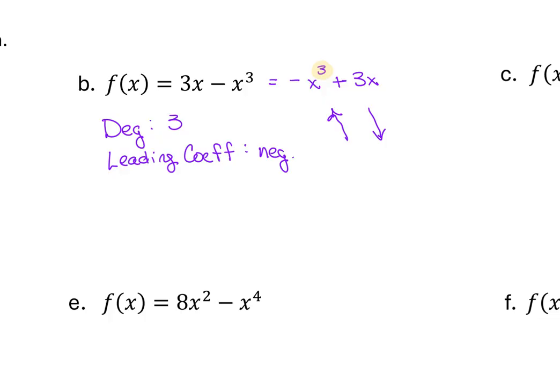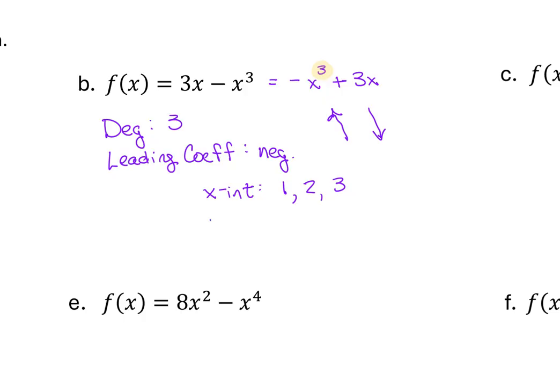We also have the number of x-intercepts. It's not possible to have 0 x-intercepts, but it is possible to have 1, 2, or 3 x-intercepts. The reason it's not possible to have none is because we are going up forever and down forever, so we're going to have to cross the x-axis at some point.